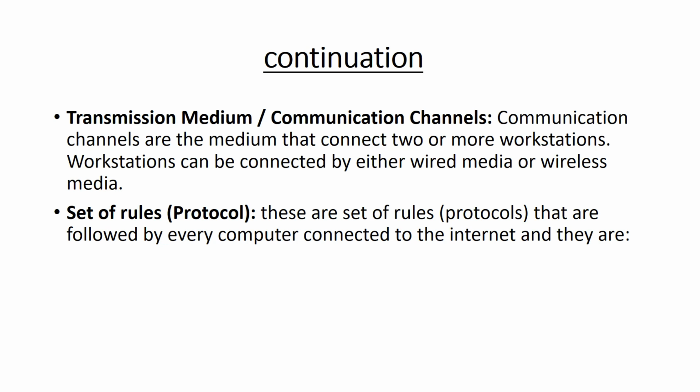We have the last one. The last component is the set of rules or protocol. These are a set of rules that are followed by every computer connected to the internet.